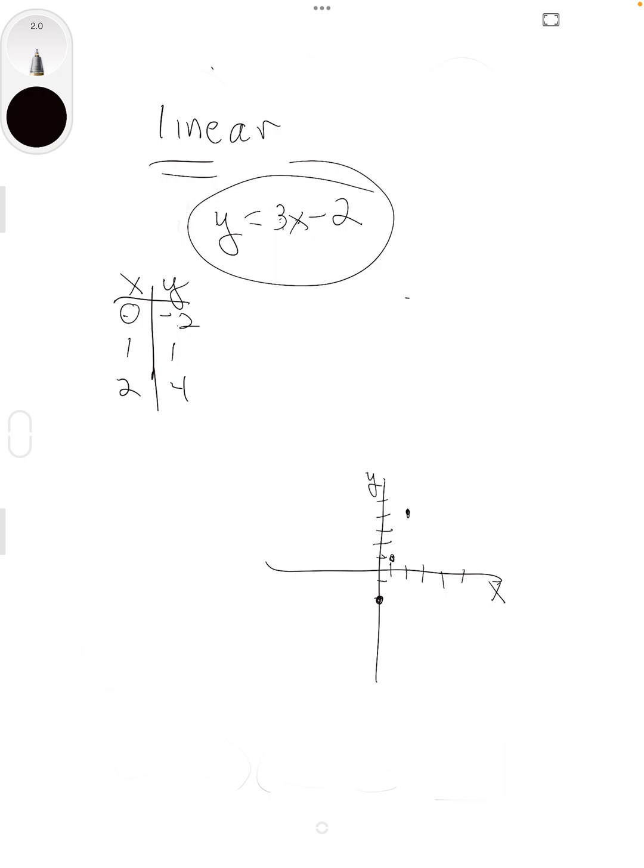You'll notice that these dots will form into a line. That's why it's called a linear equation. Okay, and depending on what the equation is, the dots are going to be flatter or steeper or straight up and down or straight sideways. Those are all different kinds of linear equations.